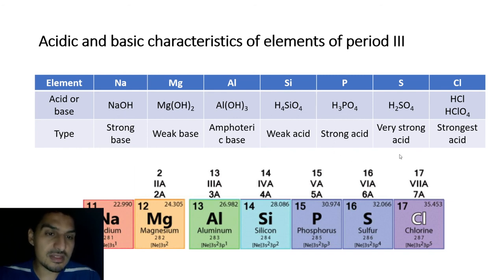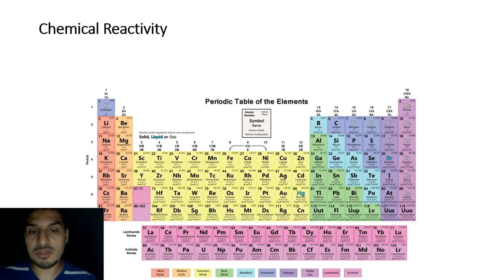Then phosphoric acid is a strong acid, sulfuric acid is a very strong acid, and then you see that perchloric acid, HClO4, is the strongest acid of them. So these are the changes of the properties from high metallic properties to high non-metallic properties.